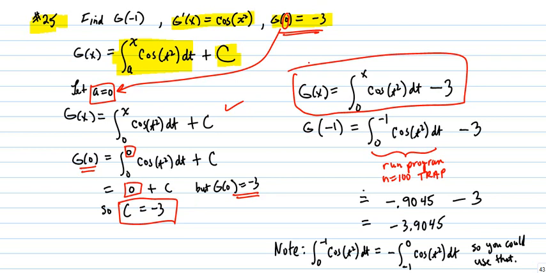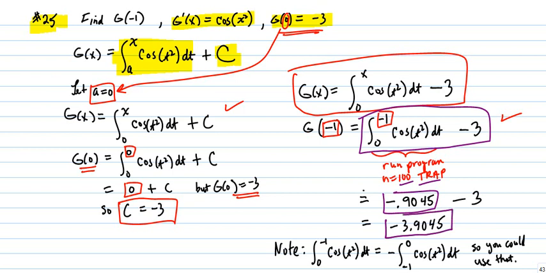So then they ask, what is g of negative 1? So g of negative 1 is putting negative 1 up here in the upper limit, and so that is the exact value of the expression. This expression right here is exactly what g of negative 1 is. Now if you wanted to approximate it, you'd run the integral program, get this number, subtract out the 3, and get this value here.